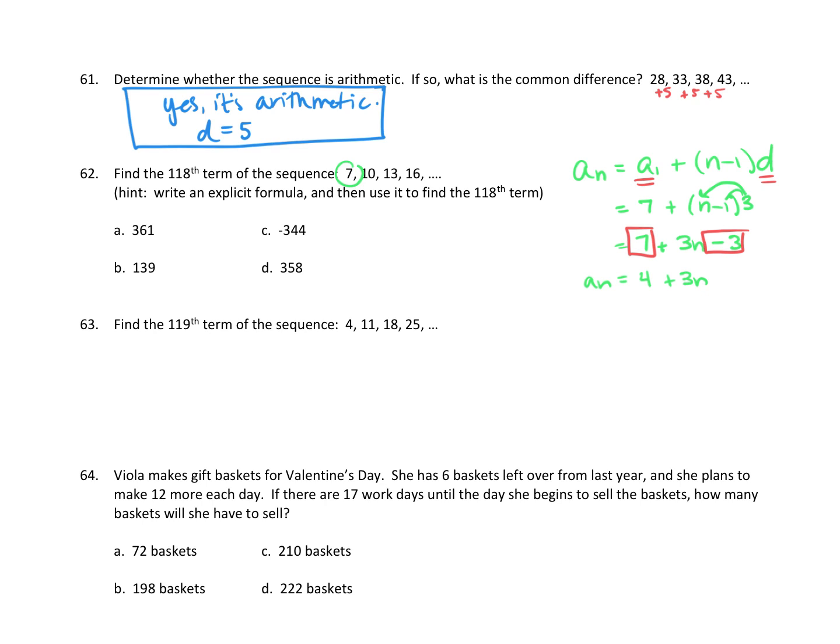To find the 118th term, we're going to do a sub 118. All we have to do is plug in 118 for the n. So 4 plus 3 times 118. Just think of this n as a label.